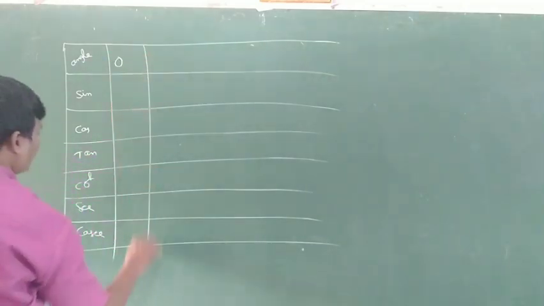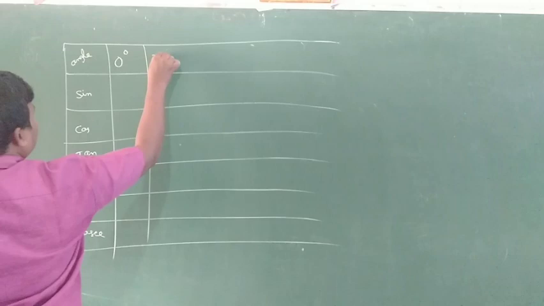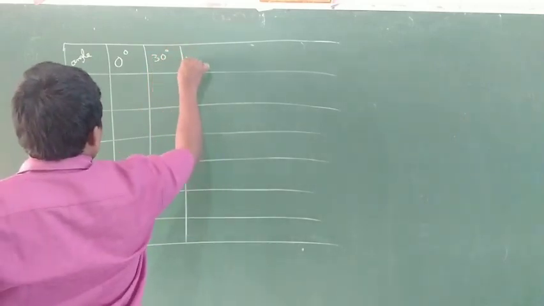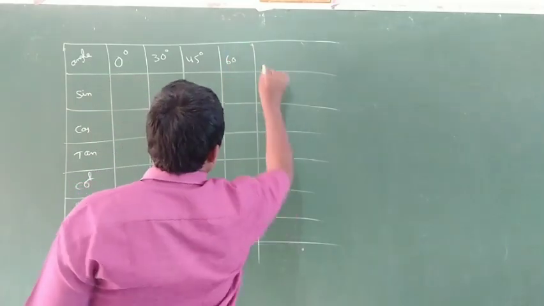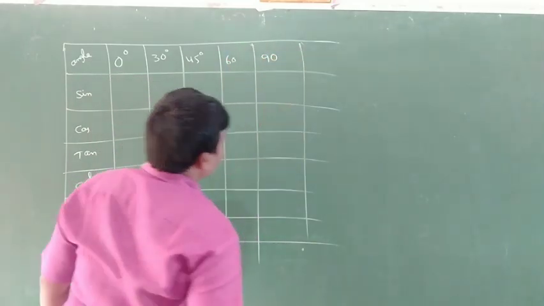The angles are 0 degrees, 30 degrees, 45 degrees, 60 degrees, 90 degrees. First of all, up to 90.